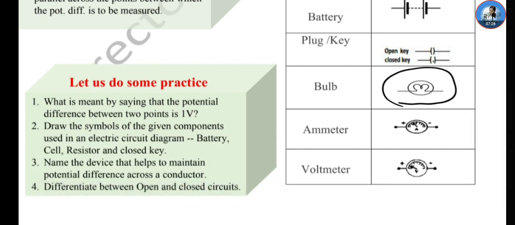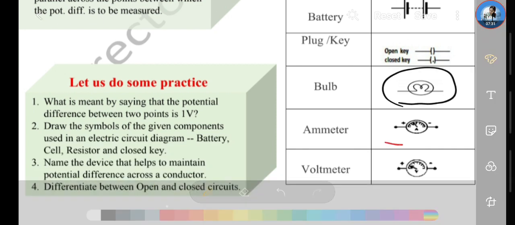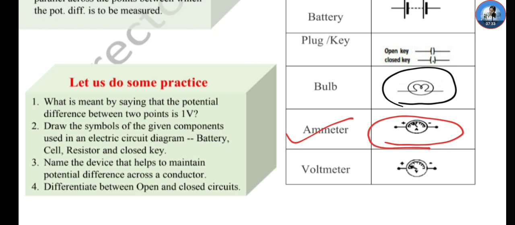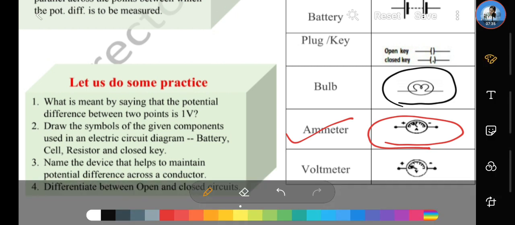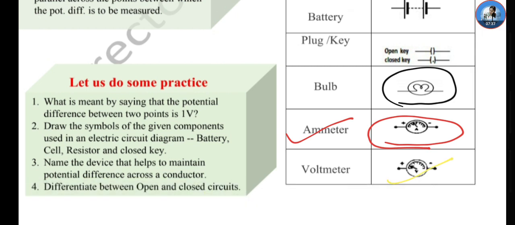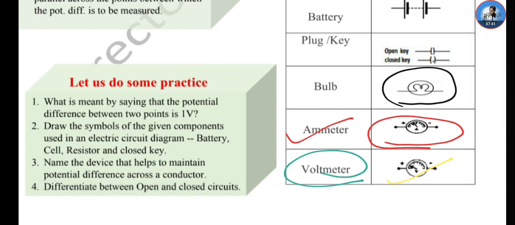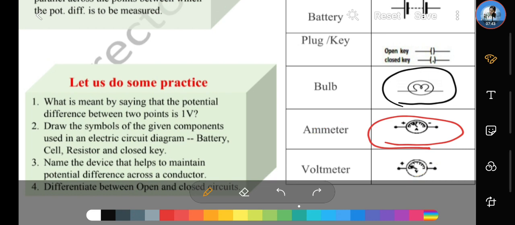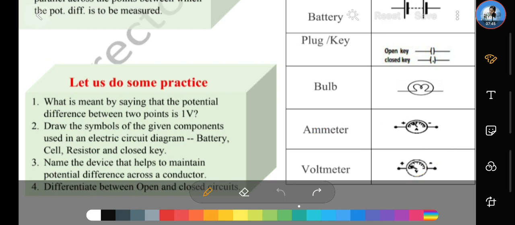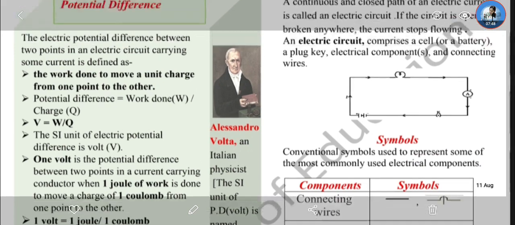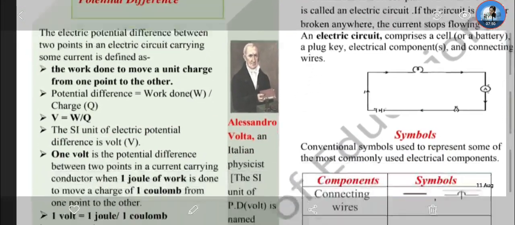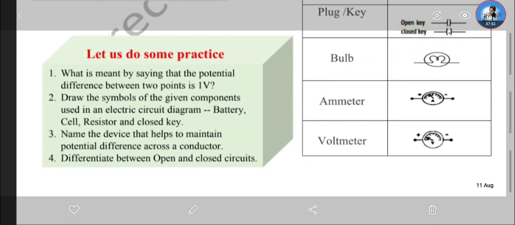This is the symbol of electric bulb. Next one is the symbol of ammeter. It is used to measure the electric current. And next one is voltmeter, used to measure the potential difference. Got it? I think by this worksheet everything is clear about electric circuits, its components and symbols and potential difference. Let's move to the exercise.